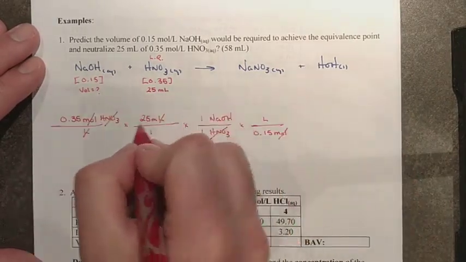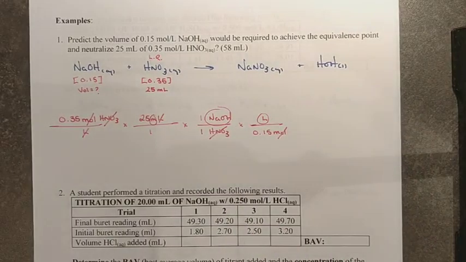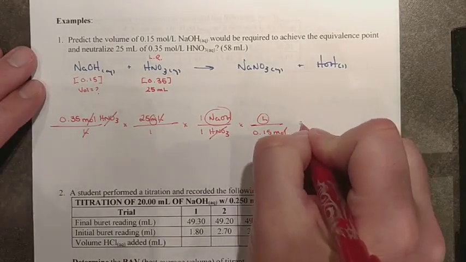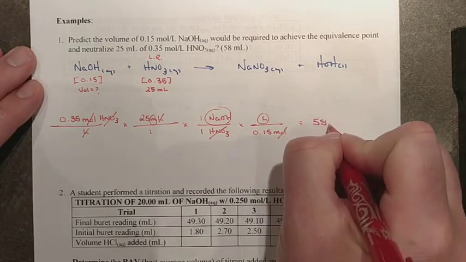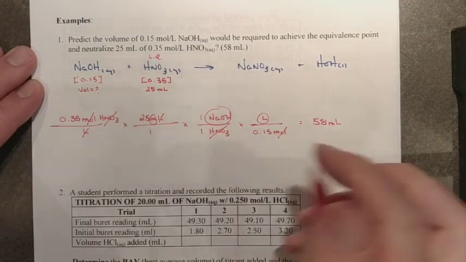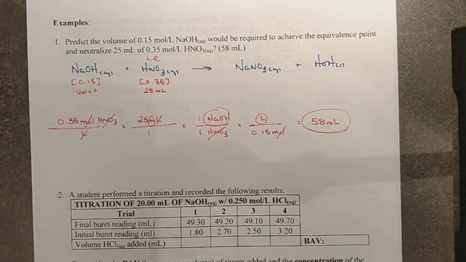Moles now go, and I have milliliters of NaOH. Run that through your calculator, and you get 58 milliliters when you round to your 2-digit limit. Okay, and that's the stoichiometry that we've seen before. That's the stuff that we remember, and it should be no problems going from solution to solution.